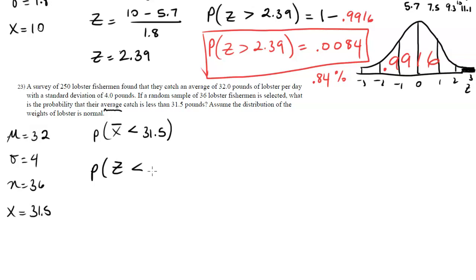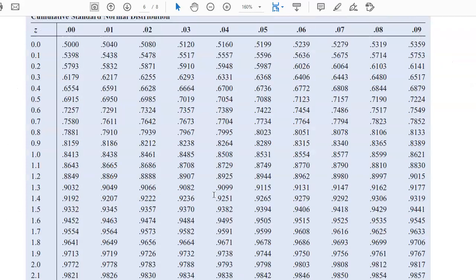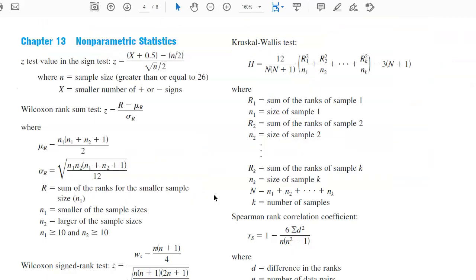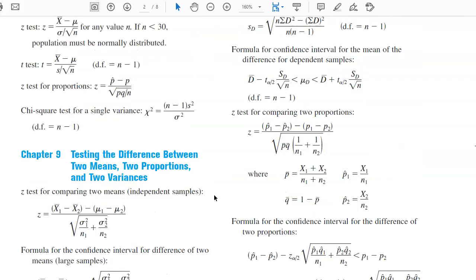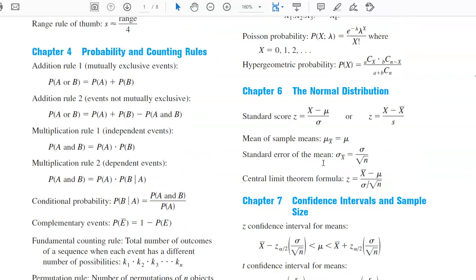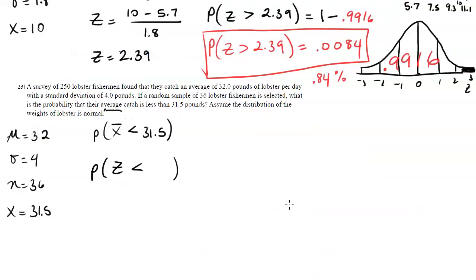So we want to know the probability that Z is less than whatever. But to find that Z value, here's the formula. We have the central limit theorem. It shows us in chapter 6. Here we go. Central limit theorem: Z equals the sample mean minus the population mean over the standard error of the mean. So we need Z equals X bar minus the population mean divided by... here we go.